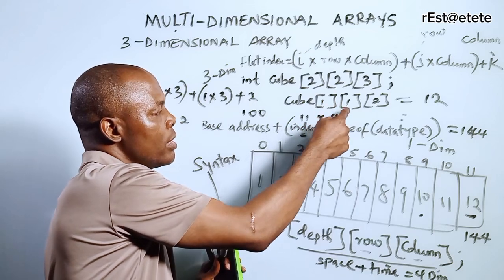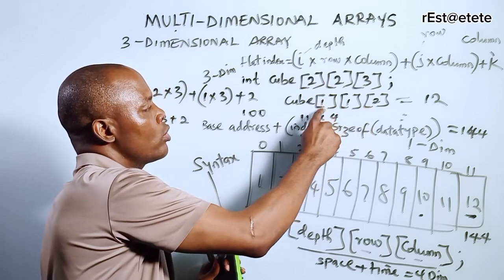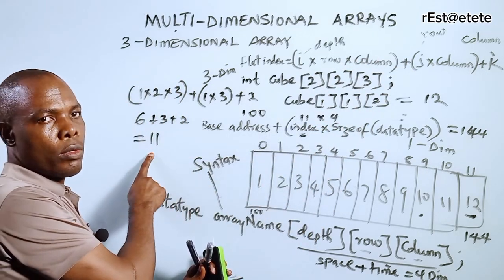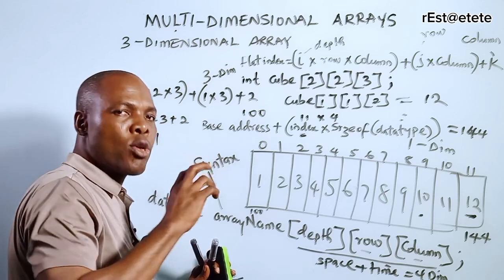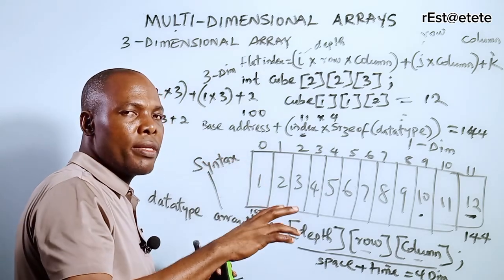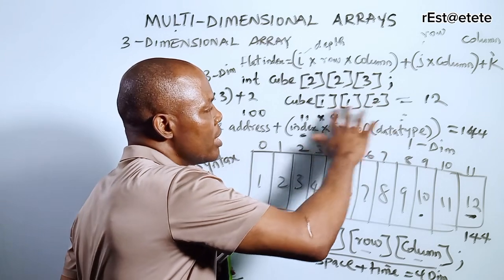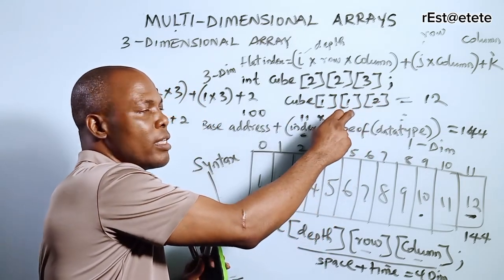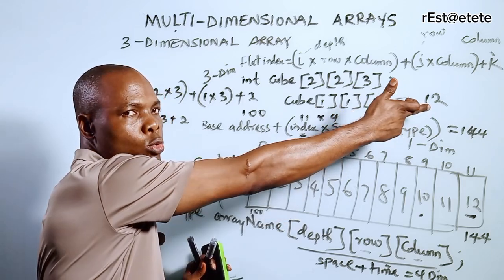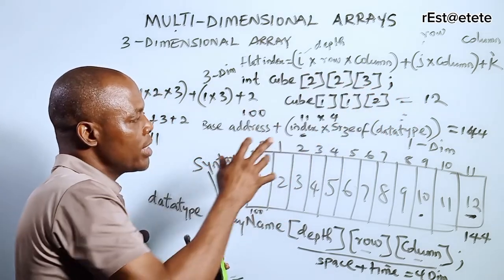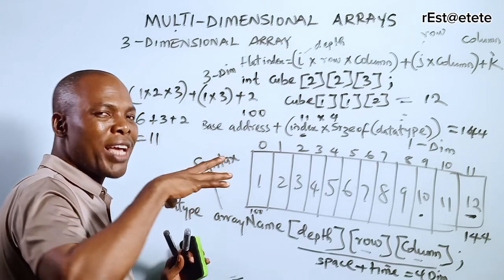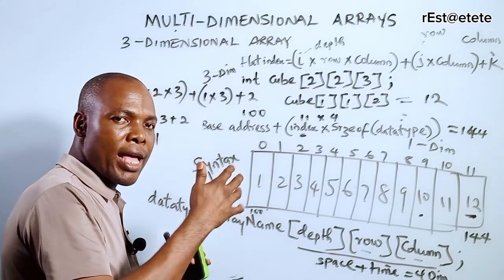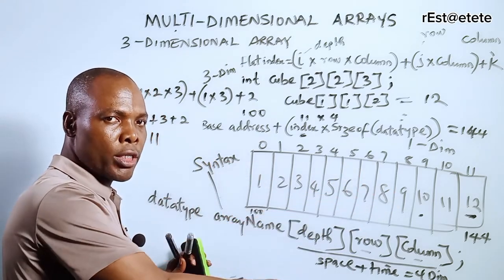This is for depth, this is for row, and this is for column. Substitute them into this place, and it will give you the value for any element. That is how the compiler is able to determine the element once these indices are given. So with this, I can access the last element, which is 12. That is what I wanted to show you on how you can flatten a three-dimensional array to linear memory and store it in the memory.